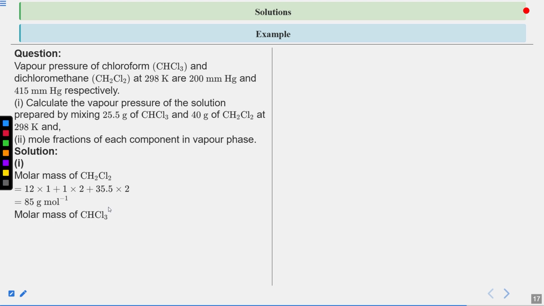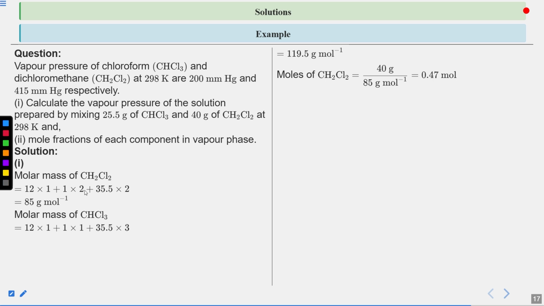Before moving on to that calculation, we will see the calculation of the molar mass of chloroform also. Again, it's very simple: 12 into 1 for 1 carbon, 1 into 1 for 1 hydrogen, and 35.5 into 3 for the chlorine. That will give you 119.5 gram per mole.